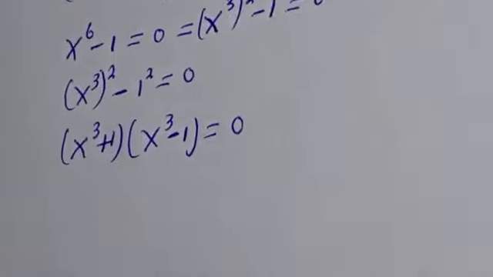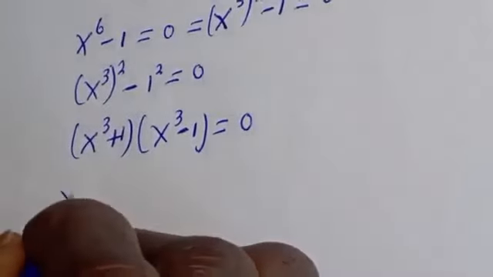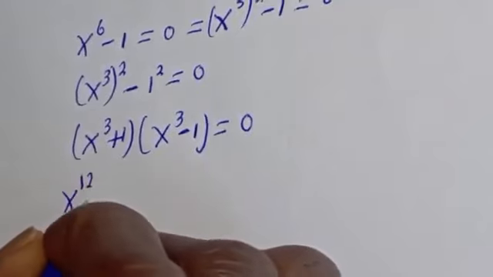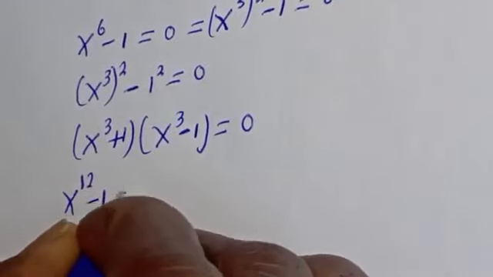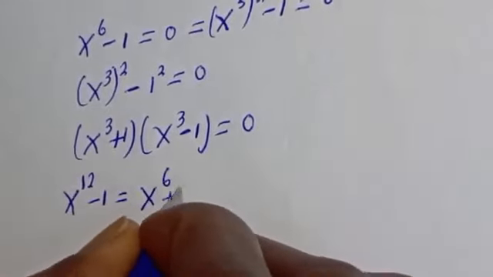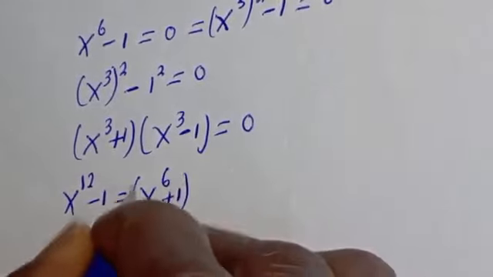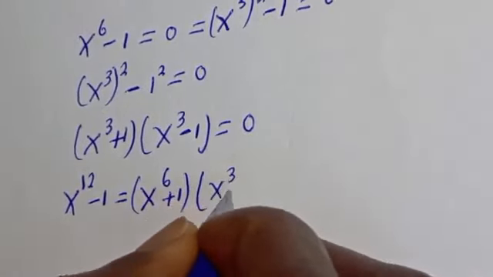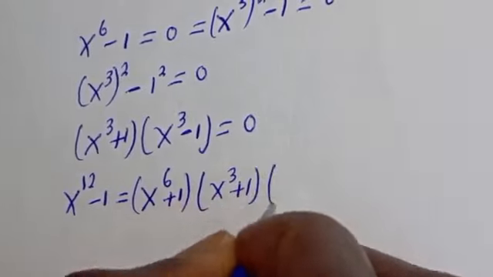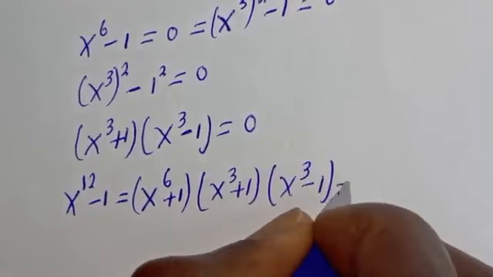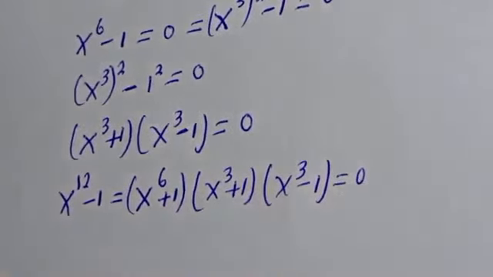So therefore we have s raised to power 12 minus 1 is equal to s raised to power 6 plus 1 bracket s raised to power 3 plus 1 bracket s raised to power 3 minus 1 equal to 0.